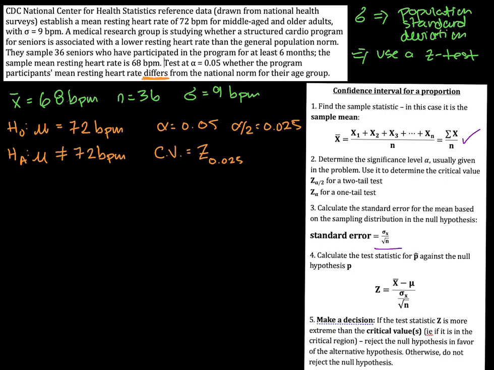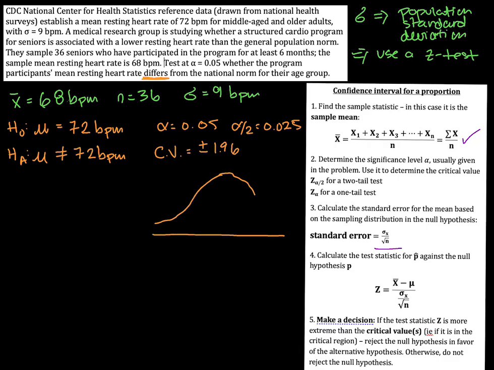The critical values are based off of the negative version, which is negative 1.65 for the z of 0.025, but then we also have the positive version.